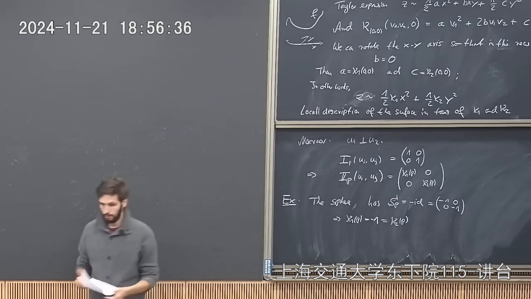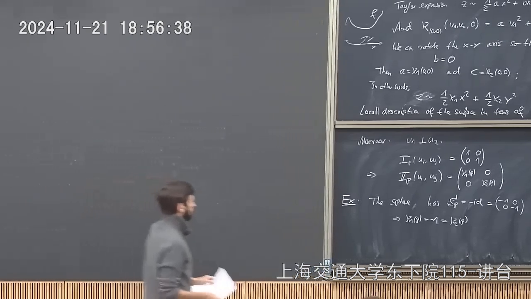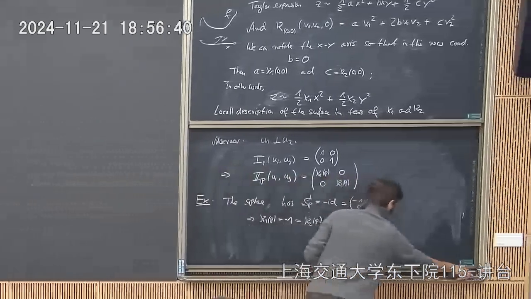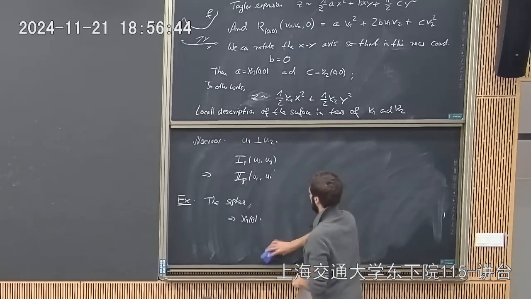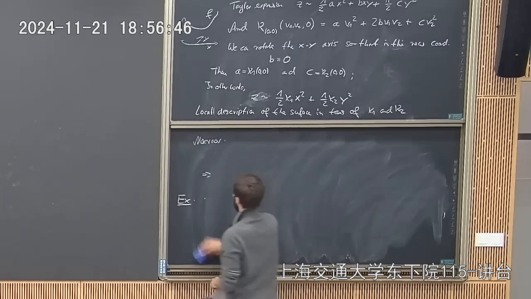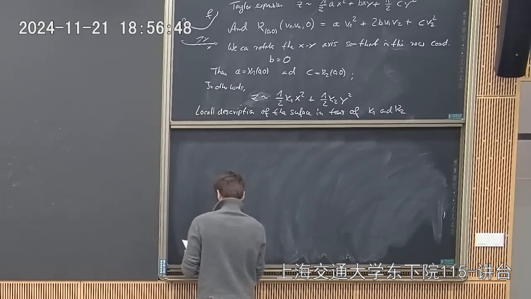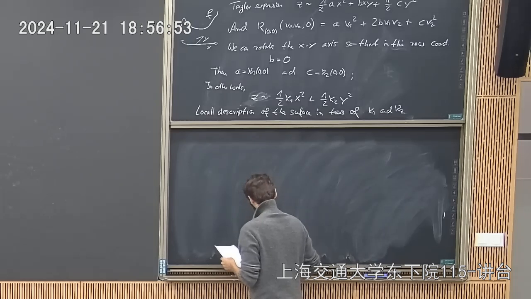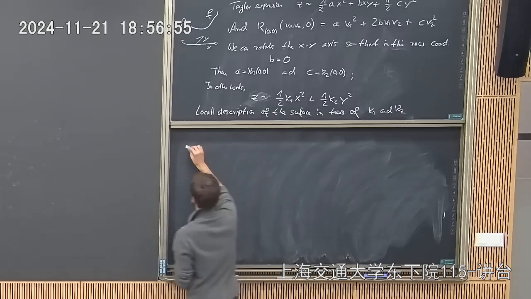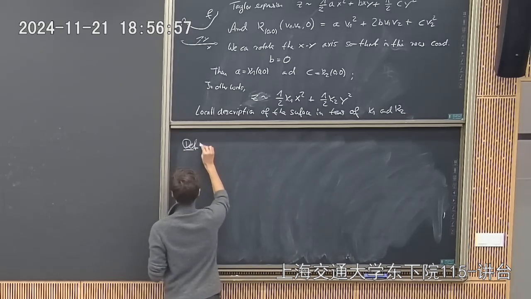So that's important, and the next definition is to give these points special names depending on how the surface looks locally around them.